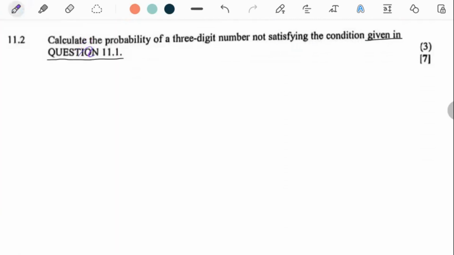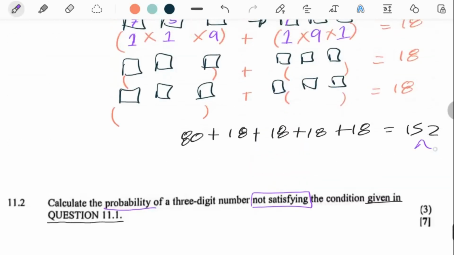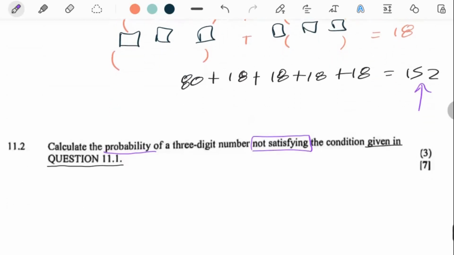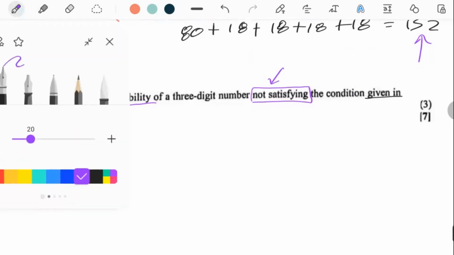So if you read nicely, calculate the probability of a 3-digit number not satisfying the condition given. So all the numbers that satisfy the condition given, we know it's a total of 152 numbers.